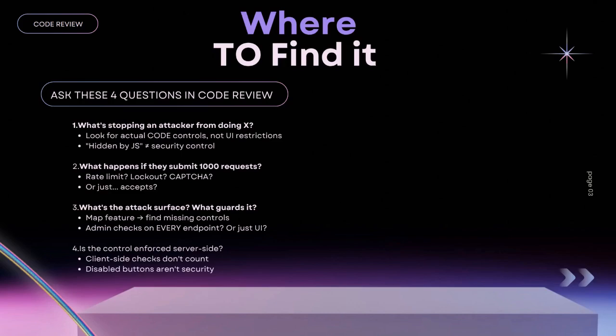That is insecure design. Fourth question: is this control enforced server side? This is critical. If the entire security control lives in client-side JavaScript validation, hiding buttons, client-side role checking, that's not a security control, that's a UX feature, and you should not rely on it. Attackers don't use your UI.